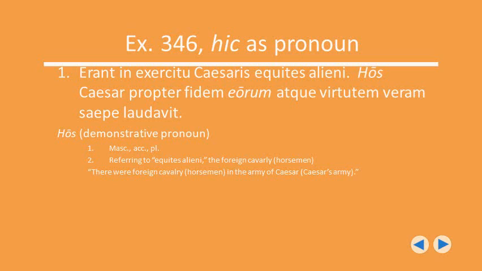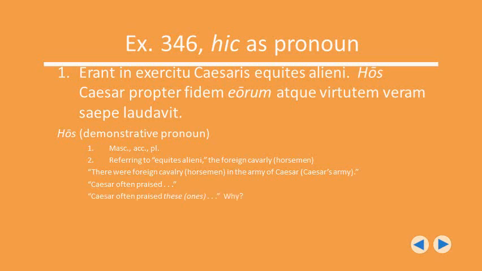And then the next sentence is going to be what Caesar did to these foreign cavalry. So Caesar is in the nominative, laudavit is our verb. It's a singular verb, right? Ends in a t. Caesar praised or often praised, saepe laudavit.